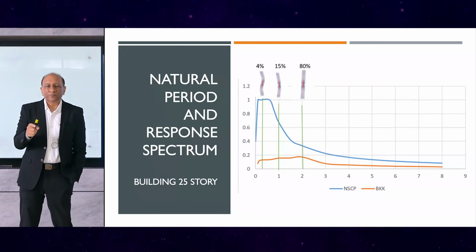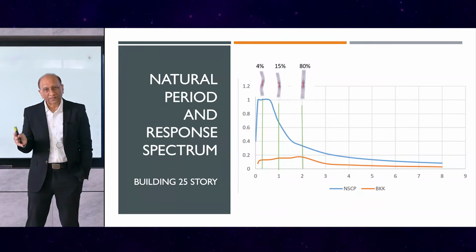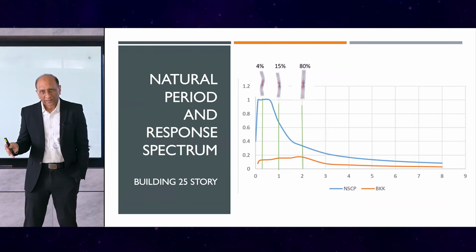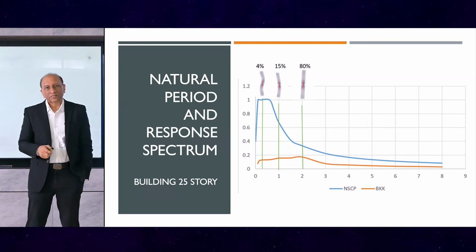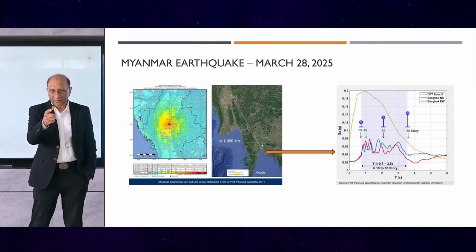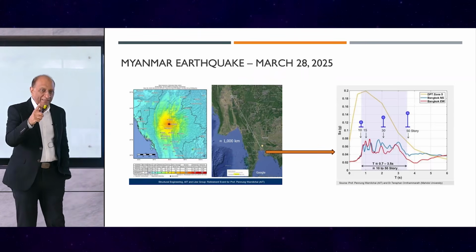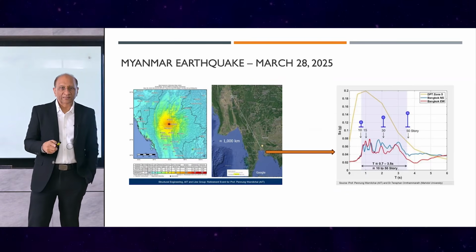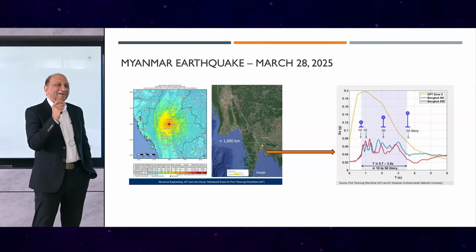So the relationship between the response spectrum of the location, and the ground motion that derived it, and the natural periods is very critical. And this has been shown recently in the Bangkok earthquake. That is the data that we got from Professor Pennins and Professor Thirapan.